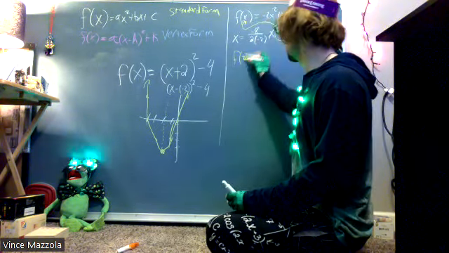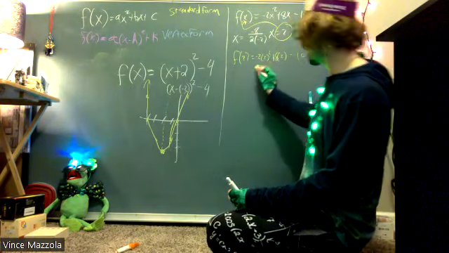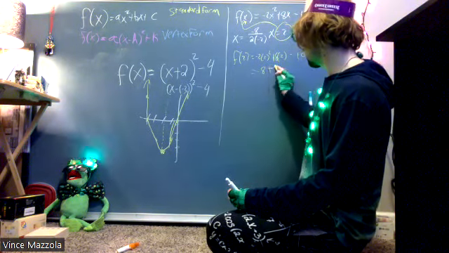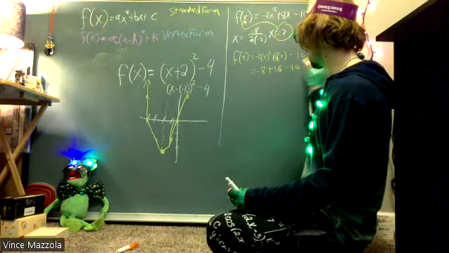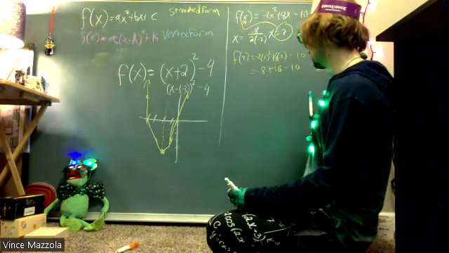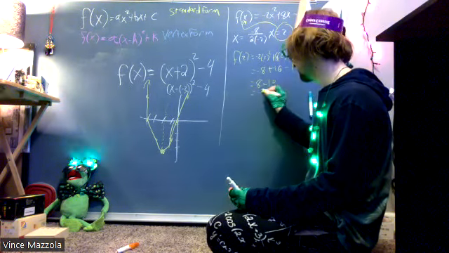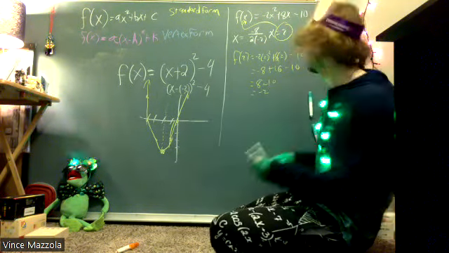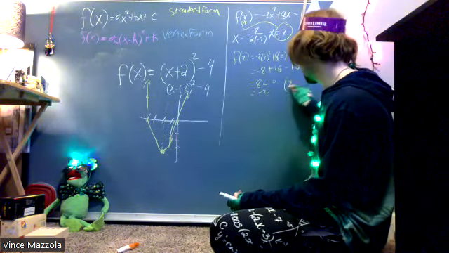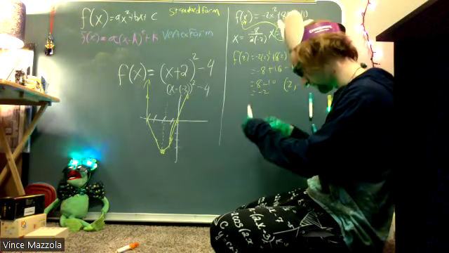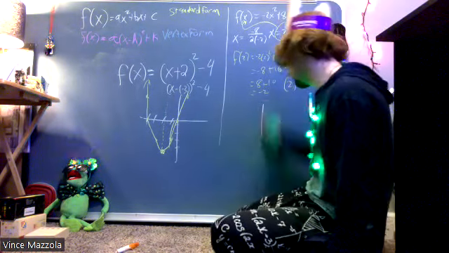So then we have 4 times negative 2 is negative 8, plus 16 minus 10. Hang on. 8 minus 10. Oh, negative 2. Okay, it's not that obnoxious. Sweet. All right, so our vertex is 2, negative 2. That's our starting point. So let's graph it, why don't we?